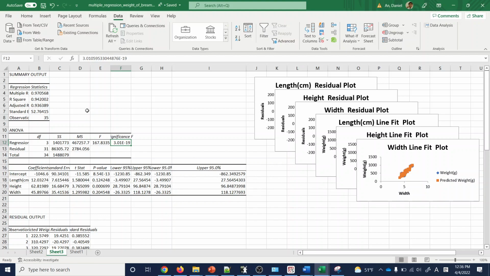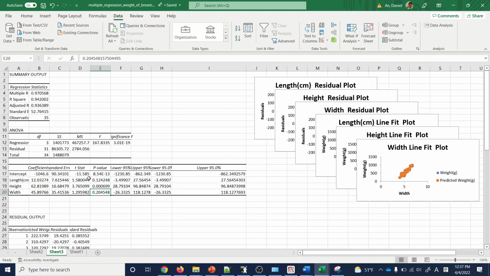It's saying that if you use the predicted value and compare it to the true value, it's 94.2% accurate. Okay, and then you can also see right here that you have the p-value for each of these predictors.